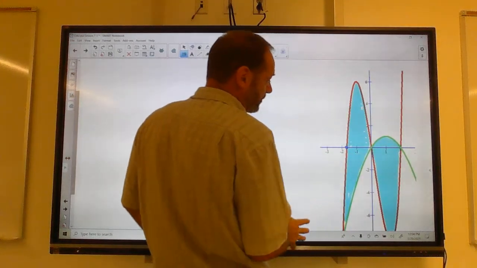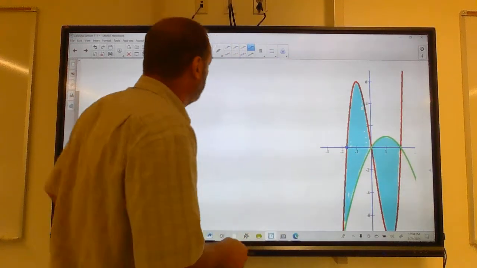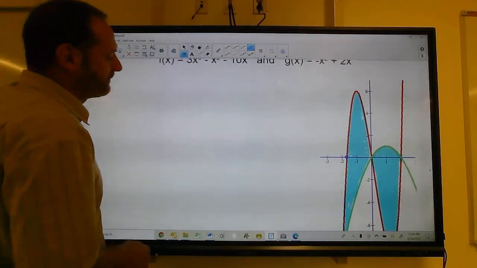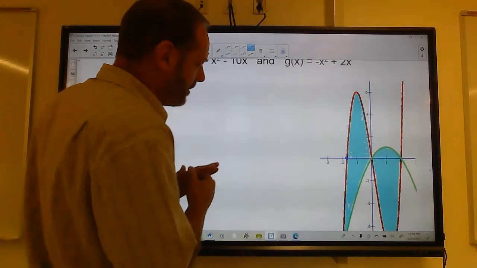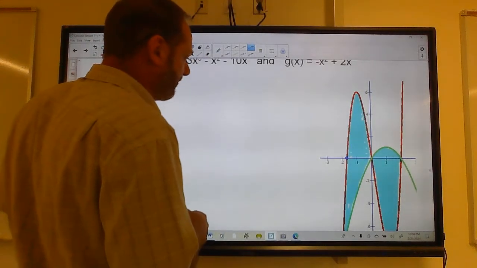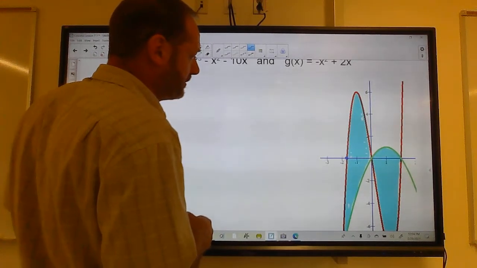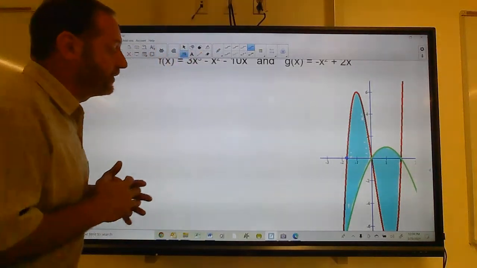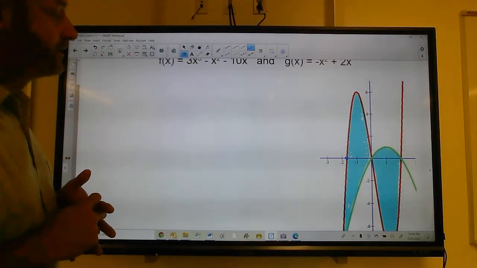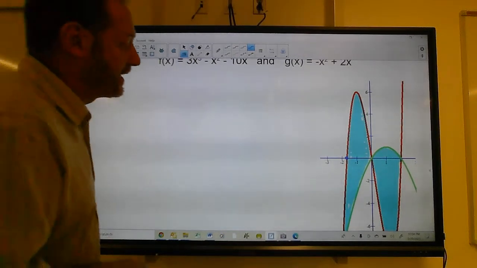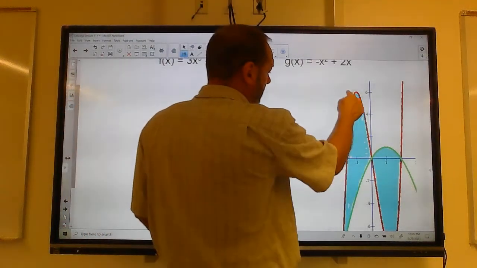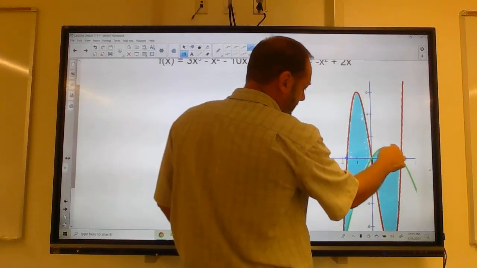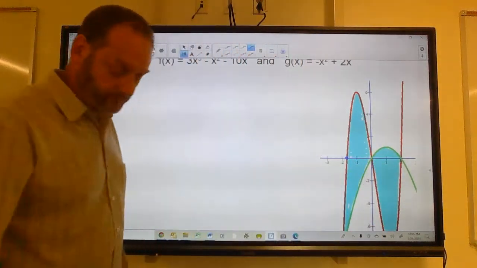So to find the area between those curves, we have to do a couple things. We have to find out where they intersect. And then we have to integrate it in two different pieces, because the cubic is bigger than the square here, but the square is bigger than the cubic here.